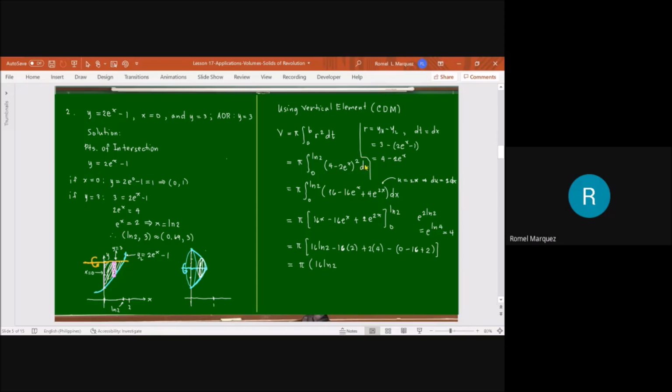Y higher minus y lower. So that's the radius squared, no? Did I get correctly the expansion, guys?